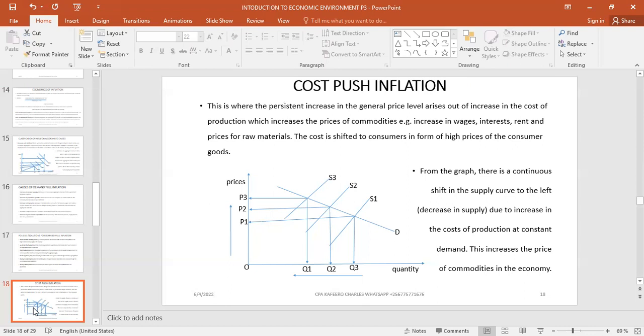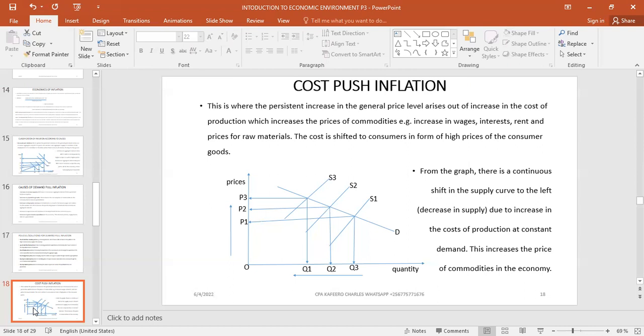And when we talk about the cost of production, we mean the factors of production used in production: labor, capital, entrepreneurship, and others, as you know them. So when these costs increase, we expect that the price for the commodity is going to be high.